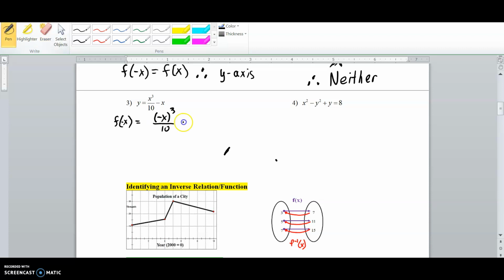And then minus x. So it looks like we're going to simplify, and negative x raised to an odd exponent means that we keep the negative sign out front. So that's going to be negative x cubed over 10 minus a negative x is just x.